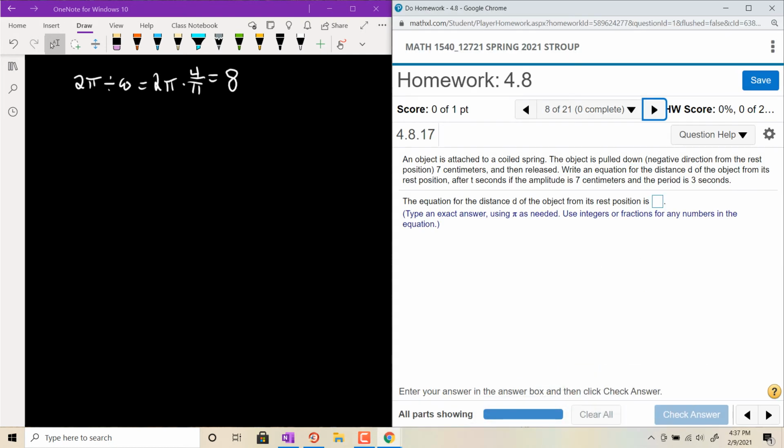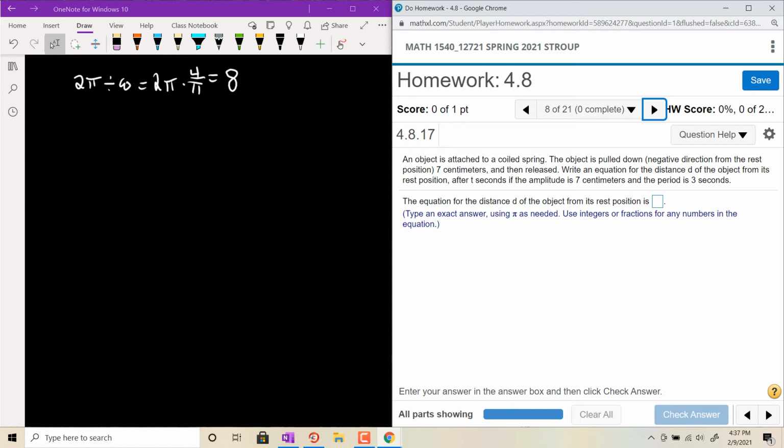Okay, so the first 7 or so problems are just solve the triangle, and then there are 2 bearing problems, like north 15 degrees west or whatever. This looks like a displacement problem, so we're in 4.8. An object is attached to a coiled spring.